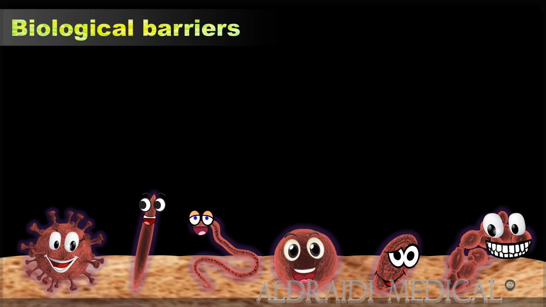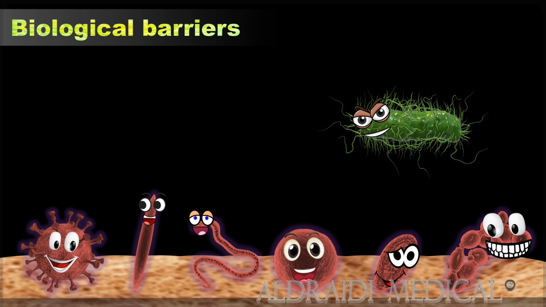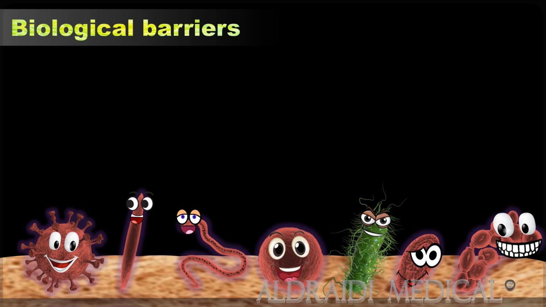This friendly microbiota acts as a barrier against pathogenic microorganisms. Pathogens have to compete with our normal microbiota for nutrients and areas of attachment, which makes it difficult for their survival. Additionally, the normal microbiota can actually kill pathogens directly.